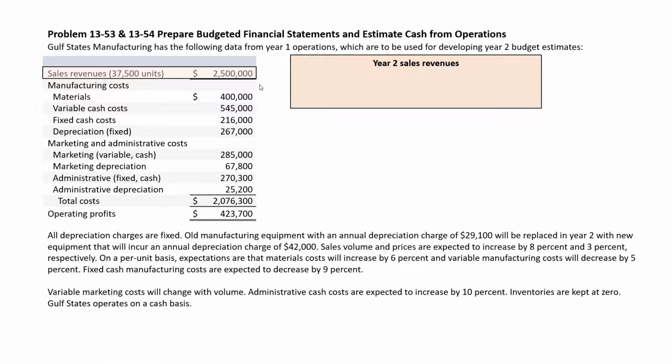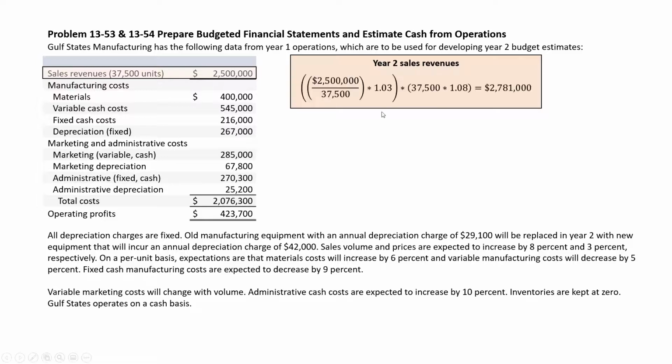It's simply just the selling price times the quantity. I could simply say 2,500,000 for year one, increase that by 8%, and then increase it by another 3%. So again, 2.5 million times 108% or 1.08, and then multiply that again times 103% or 1.03. That would give me the calculation I need.